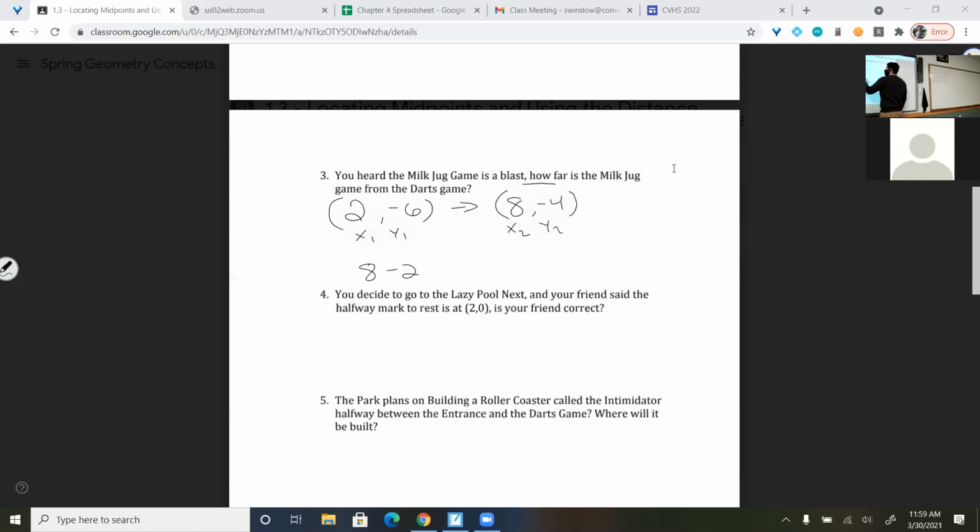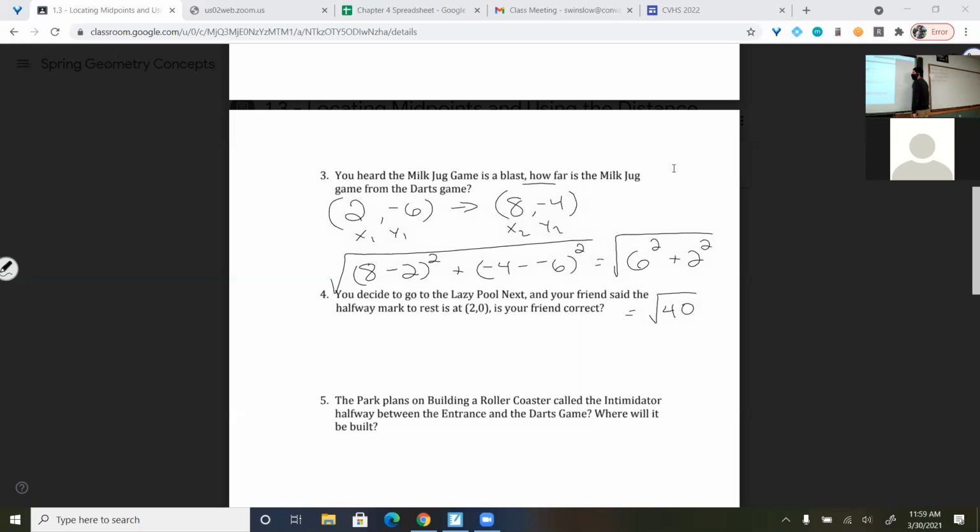So (8 minus 2) squared plus (-4 minus a -6) squared, square root of that. So 6 squared plus 2 squared is going to give us the square root of 40. Because again, these double negatives turn into addition, which is what gave us the 2.